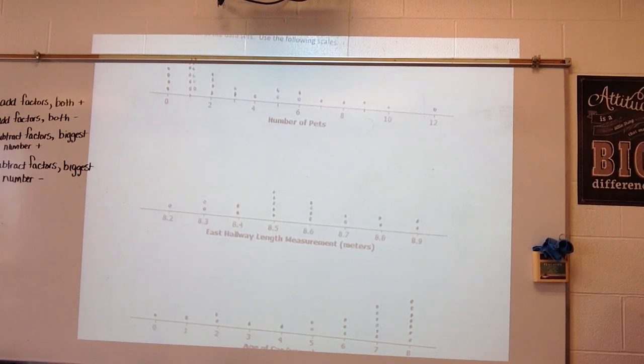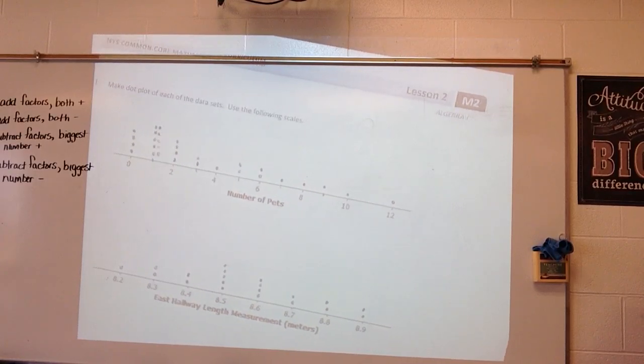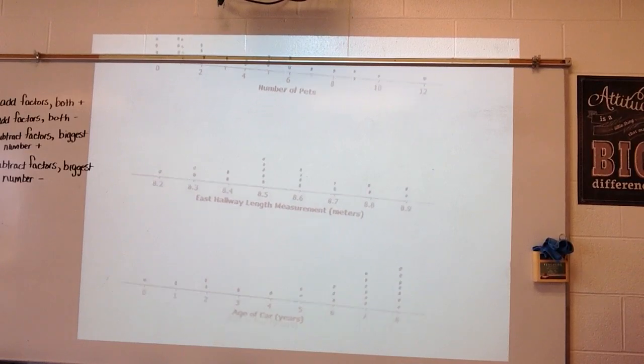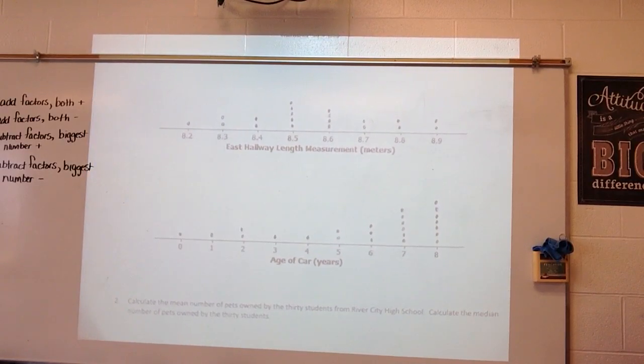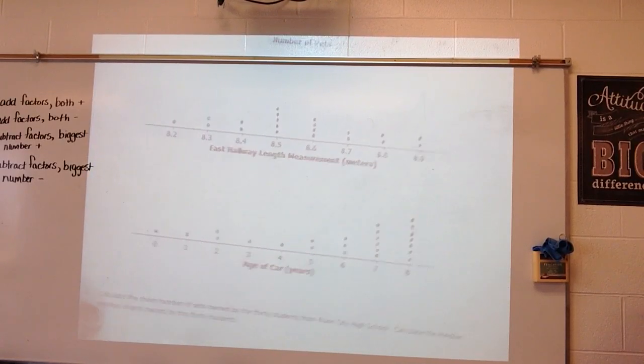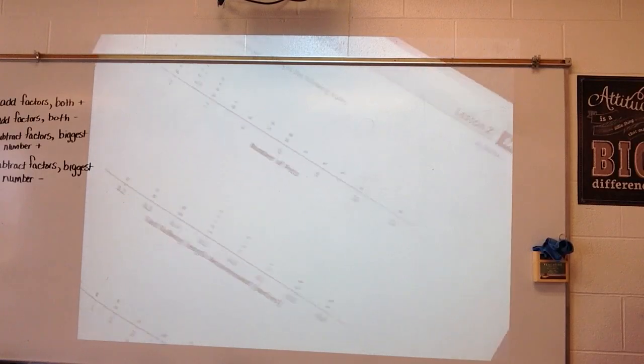So it says calculate the mean number of pets owned by the 30 students from River City School. Calculate the median number of pets owned by the 30 students. So I can go back and I can look, okay, so how do I calculate the mean? I add everything together and divide by the number.